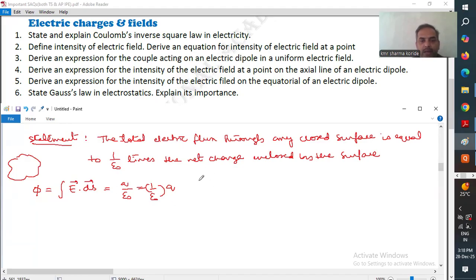Now, epsilon naught is the permittivity of free space. Now coming to the importance.